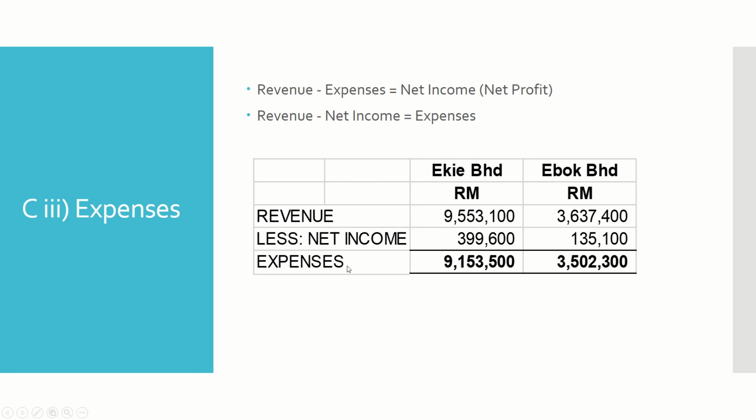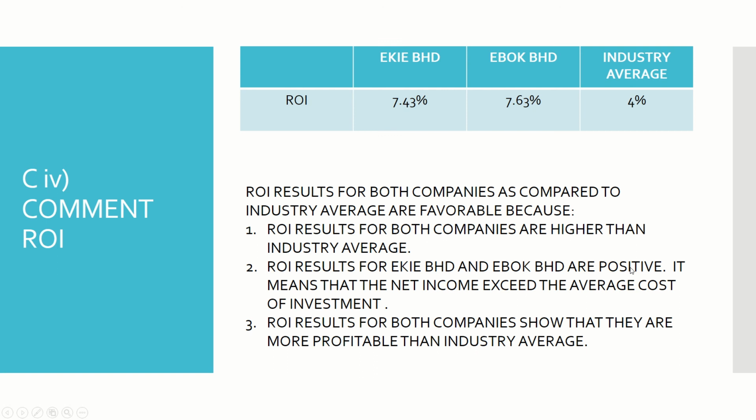To get the amount of expenses, just minus the revenue with the net income. Iki Berhad expenses are 9,153,500 and Ibu Berhad expenses are 3,502,300.